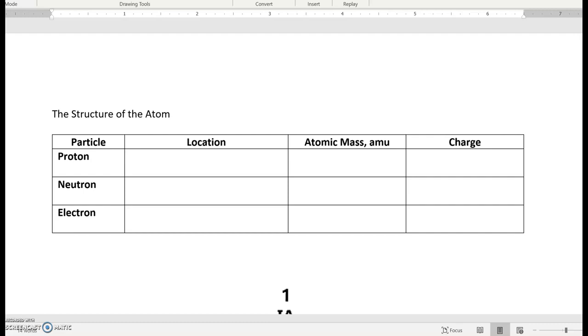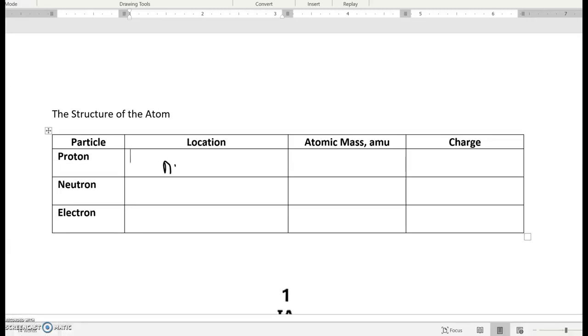While we know the atom is composed of more subparticles, chemists are mostly interested in protons, electrons, and neutrons. Two of these particles are located in the nucleus. The proton is in the nucleus, and the neutron is in the nucleus.